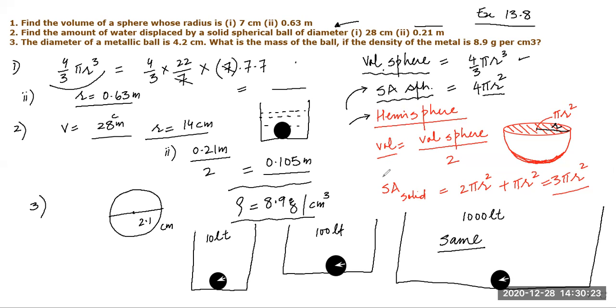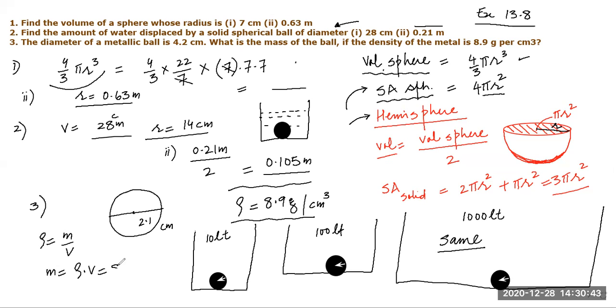Now how will we do this sum? The density of the material is given. Can any student tell me the formula for density? Density is equal to mass by volume. So we want to find the mass. Mass will be equal to density into volume.